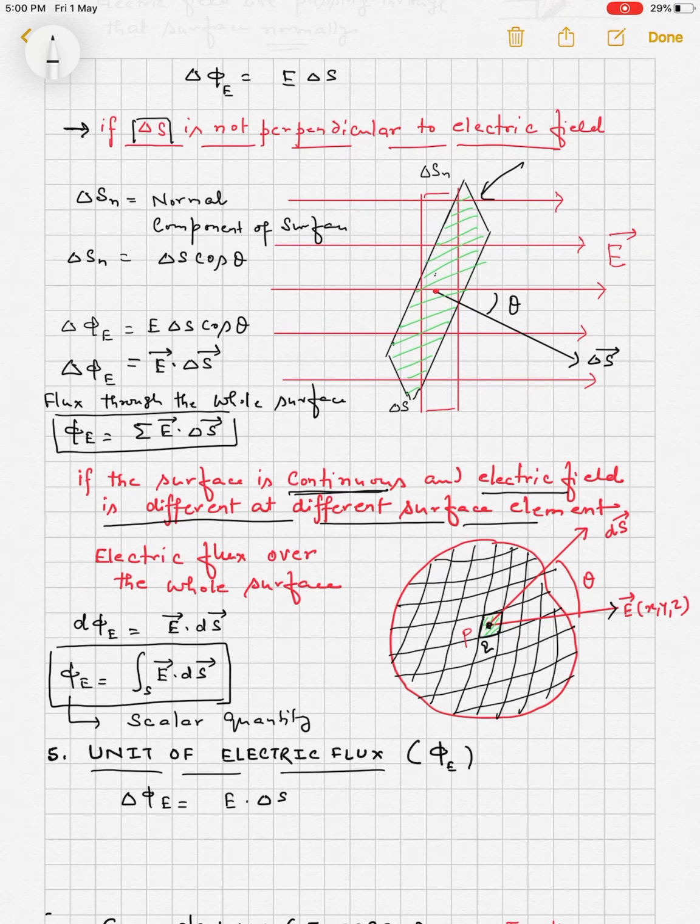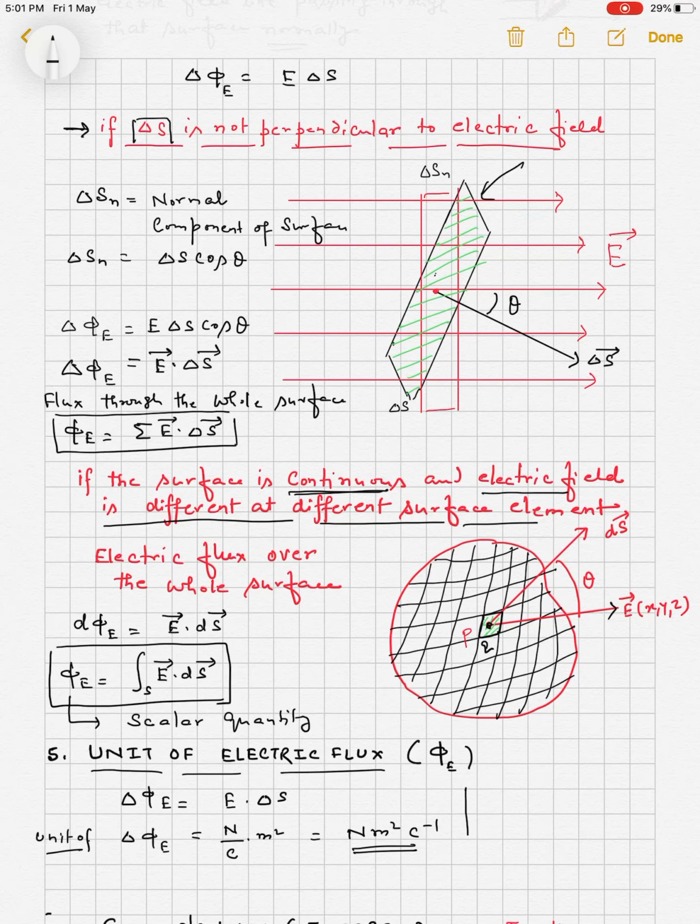So the unit depends upon the units of E and area. E is F upon Q, so its unit is Newton per coulomb, and area is meter square. So it becomes Newton meter square per coulomb. This is the unit of delta phi E or phi E. The unit of electric flux is Newton meter square per coulomb.